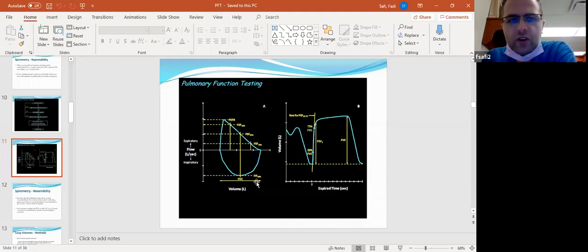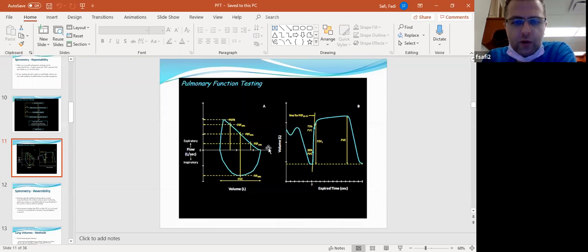Now, where do you start? Usually, you start from a point which is here. Can you see my cursor? Okay, so you start from here. This point that you start from is the residual volume.